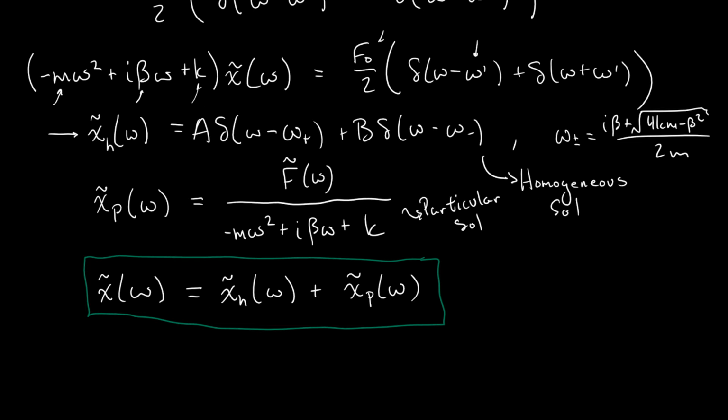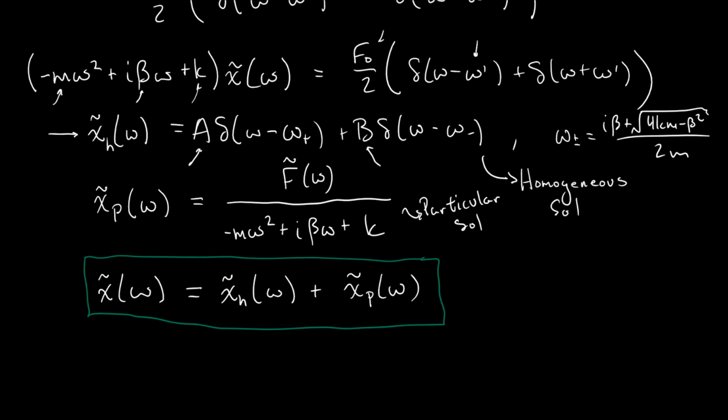So you know there has to be something else. It's a second order differential equation, so I should have two free constants that I can match to boundary conditions. And what do you know? The homogeneous solution always comes with two free constants. So that's another way of seeing that I absolutely have to include the homogeneous solution.